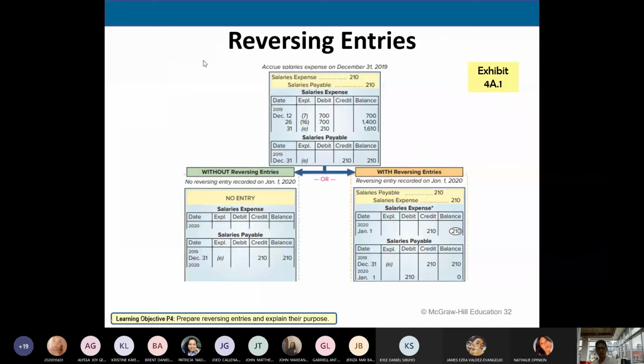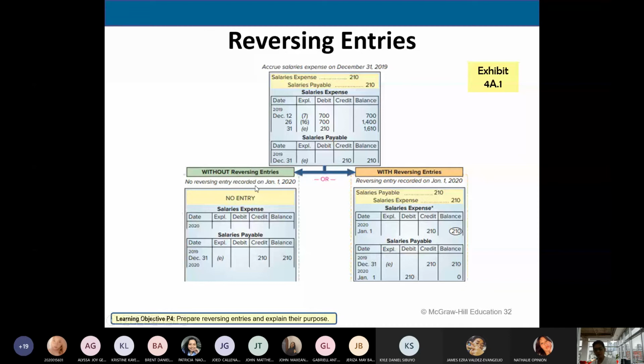Yan. So, assuming, no, meron kang salaries adjusting entry, no? Yan, yung entry mo, debit salaries expense, credit salaries payable. Okay. So, pag without reversing entry, syempre, wala kayo re-reverse, tama?